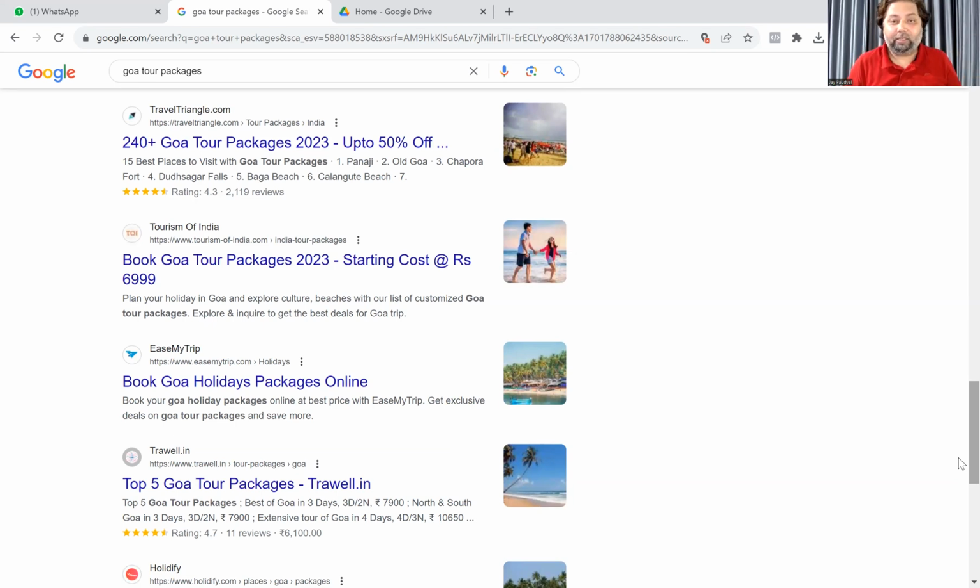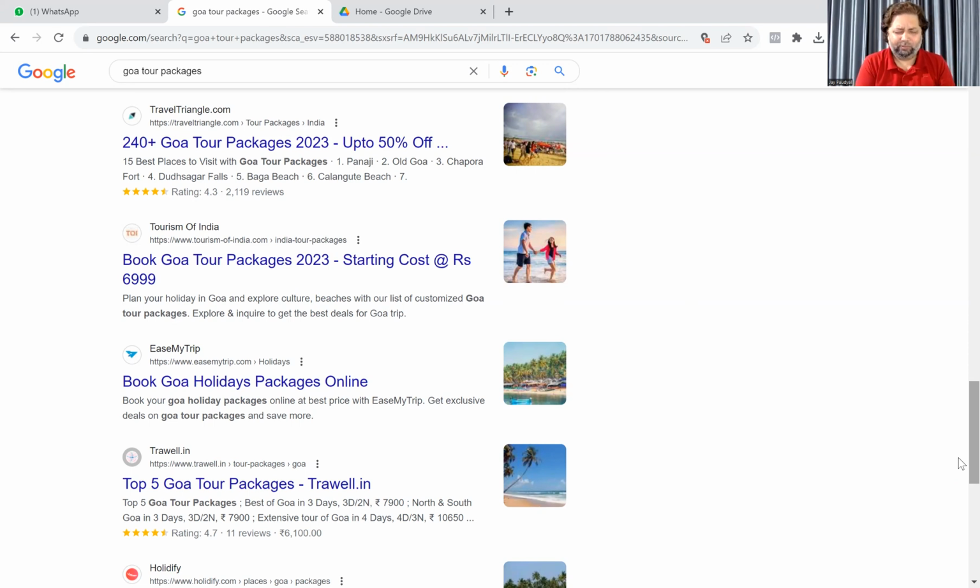See, what is our topic? Every domain is good, but which one is better? How to evaluate a domain name? What is a good domain name? What is a better domain name? See, in this case, if I'm Googling as a non-tech user, I can see traveltriangle.com, tourism-of-india.com, easemytrip.com, and Trawell.in.